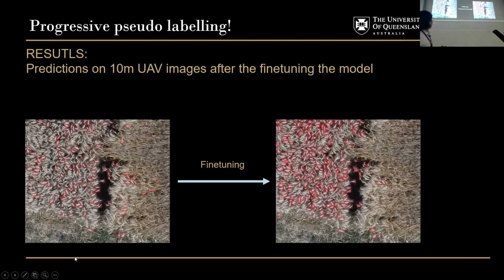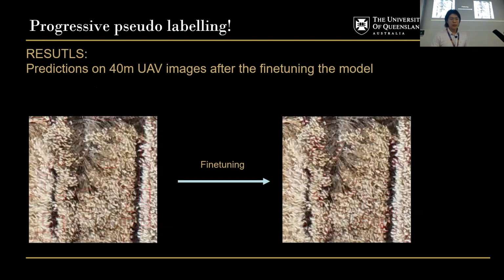We use not only one of them, but a set of them, to fine-tune our machine learning model. And here is our fine-tuned result. We can see this fine-tuned result has already significantly improved compared with our original one. That's our fine-tuned result for the 40-meter high UAV images.